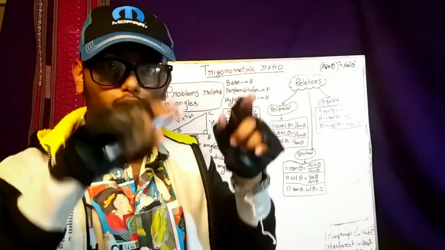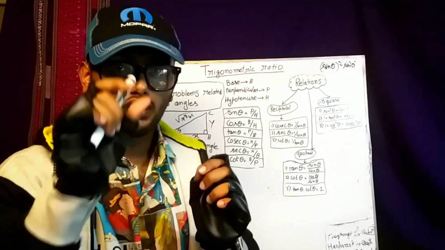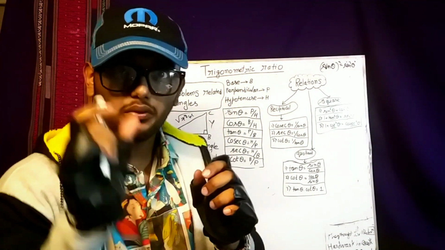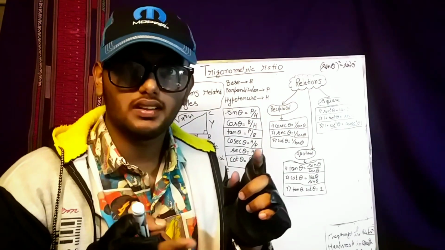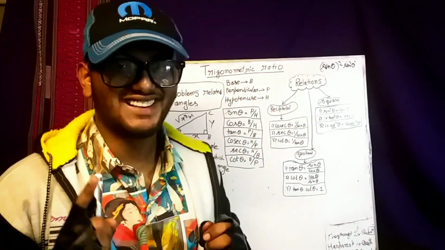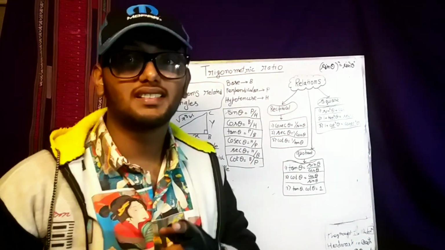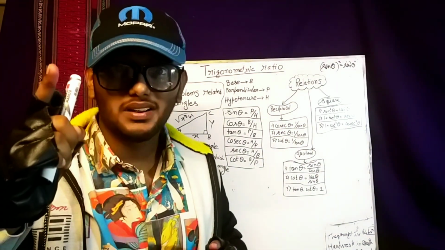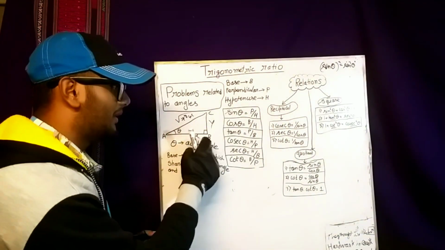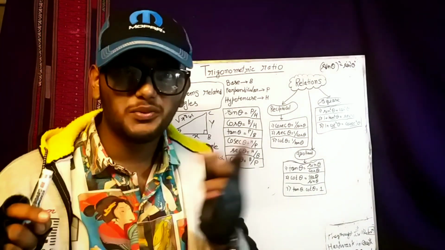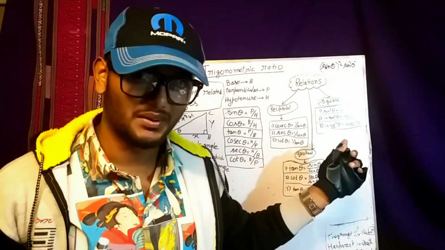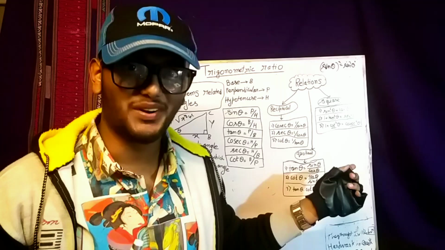So square both sides, then add. The numerator part and denominator part will be the same, so cancel out, then we will remain with 1. Now similarly, the second proof. What is tan square theta? Perpendicular by base, y by x. Do the whole square, then do LCM. We will get sec square theta. Similarly, that one also.